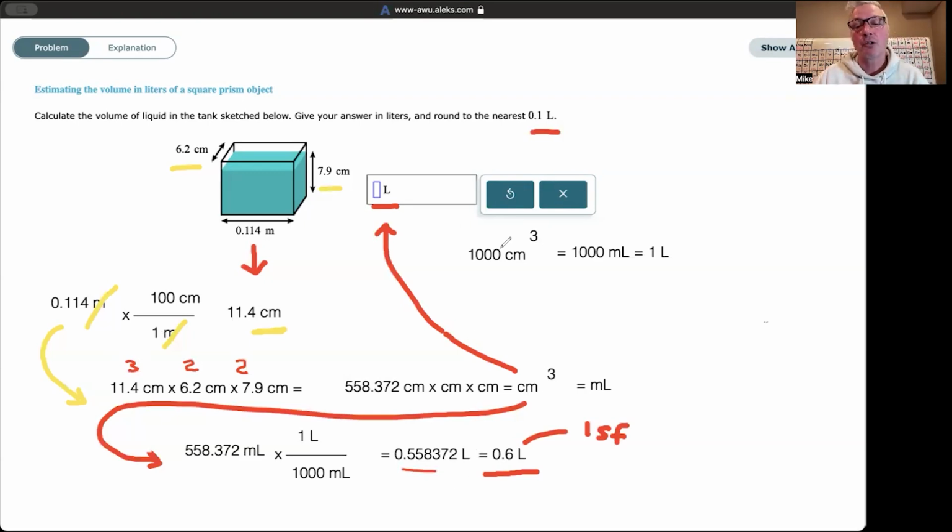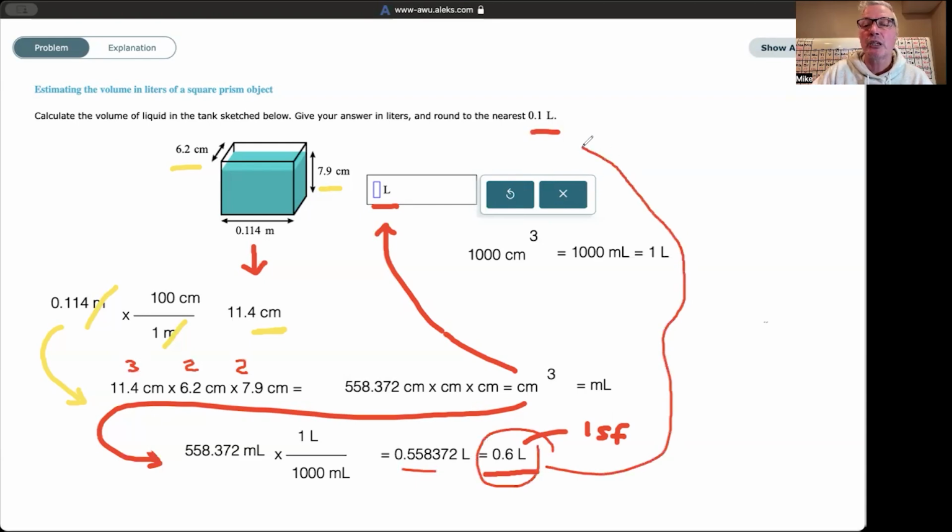But hey, I'm going to do what they say because the ALEKS answer machine is not a person. It's a robot. And that's what we're going to put in there. We're going to put in there 0.6. And that's the way it's going to be. And that's the little bit of frayed around the edges you get with ALEKS.